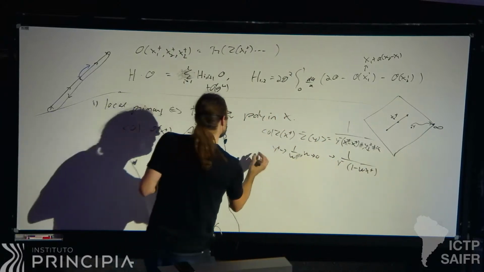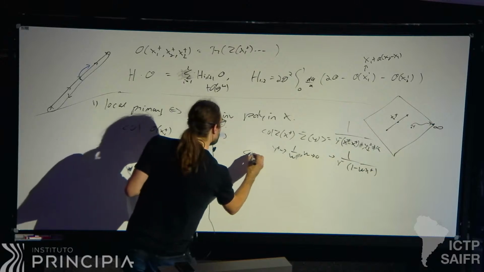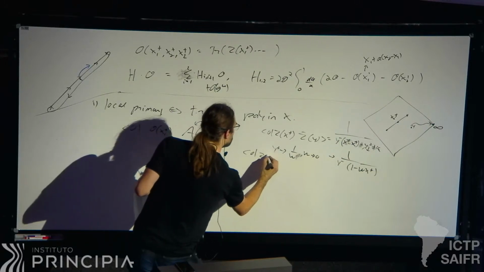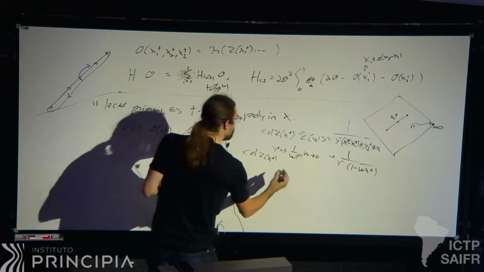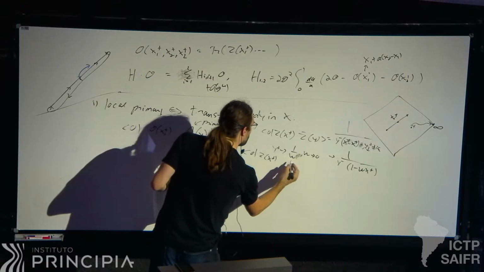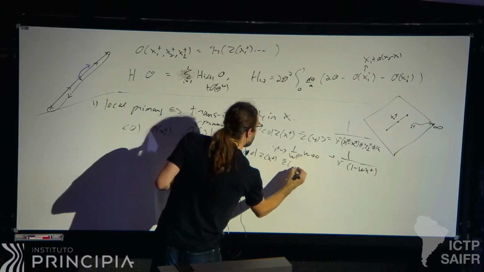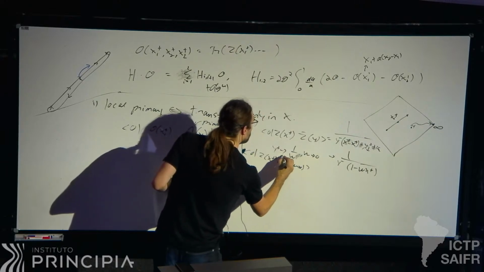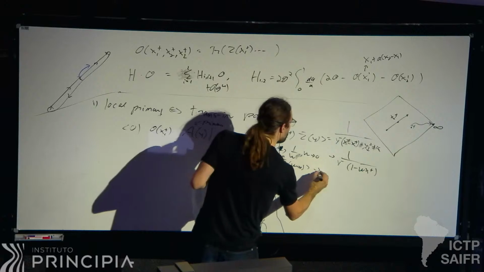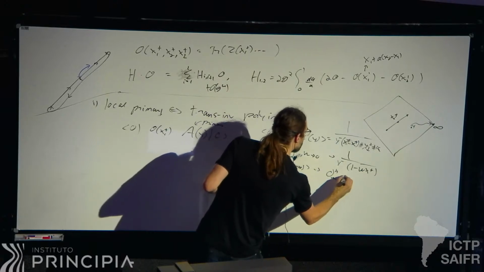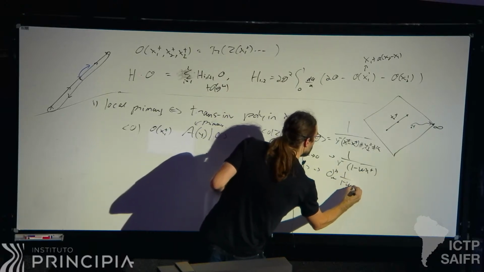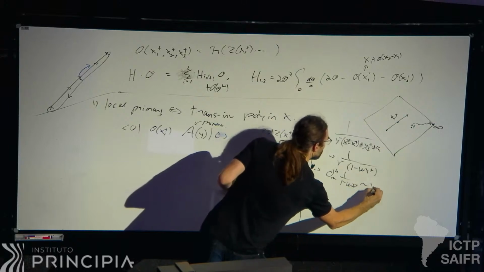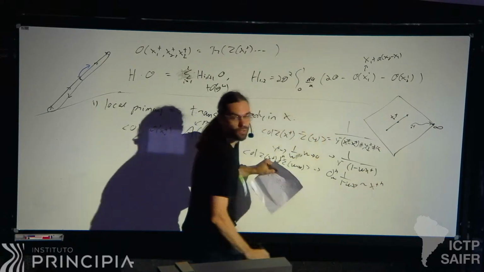So you see that if you take z to the x plus times this operator z bar at w going to 0, you could take derivatives here, and you would get the nth derivative of 1 over 1 minus w x plus, which is proportional to a polynomial in x.